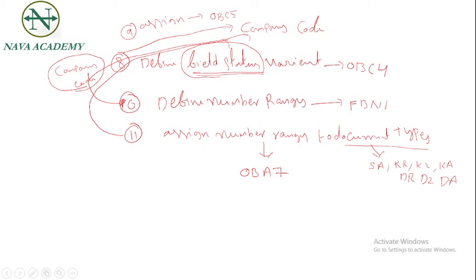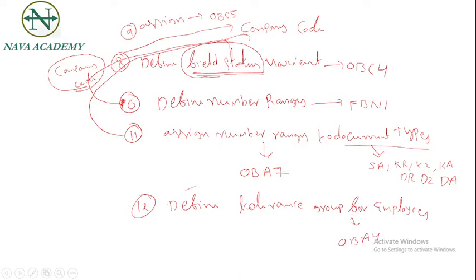Step 12, define tolerance group for employees. T code OBA4.